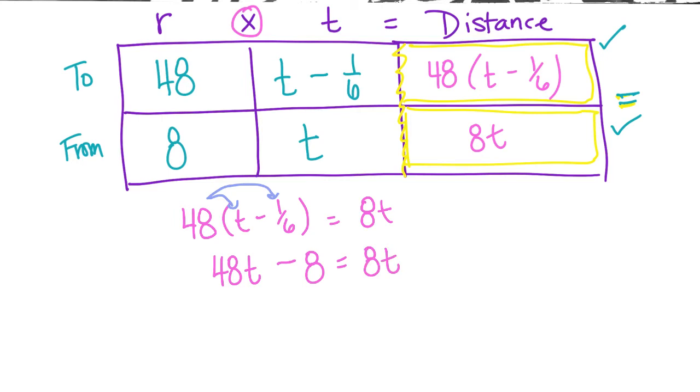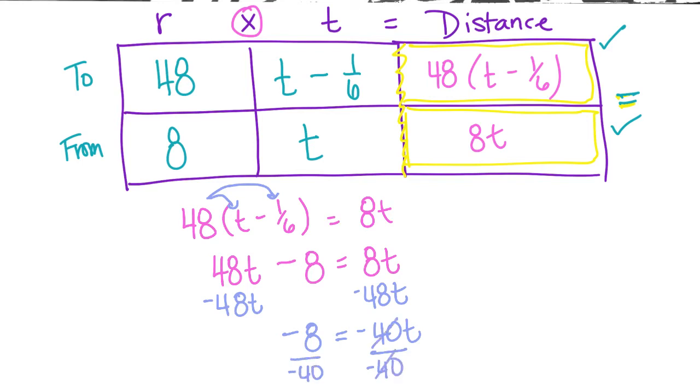I've got to get the 48t over by subtracting 48t from each side. And I have negative numbers, but those negatives are going to cancel out. So when I divide each side by negative 40, I get t is equal to, well, negative 8 over negative 40 reduced is 1 over 5.